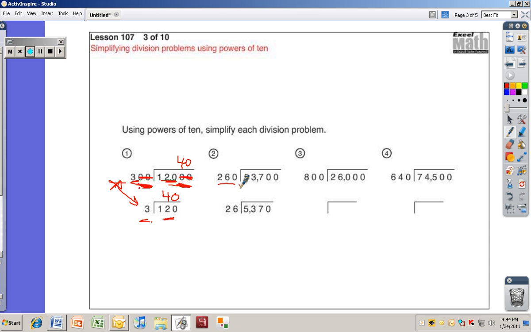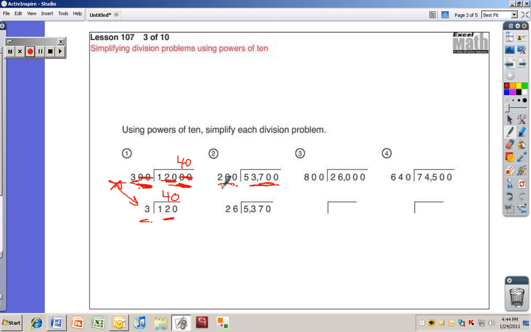Okay, what can I divide both of these numbers by as a power of 10? What can I divide it by? 100. Can you divide this one by 100? Well, that's going to give me a decimal, isn't it? Okay, what's the only thing I can divide that one by? 10, right? Okay, so I can divide this one by 10 as well.